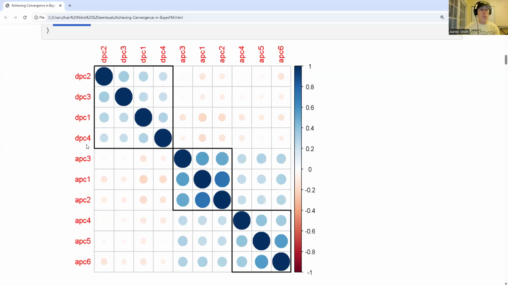Okay, so here it looks to me like the DPCs are forming one group. The lower number APCs are forming a group. The higher number APCs are forming a different group. This can help inform my prior. I've got three different factors is what I'm leaning towards at this point.